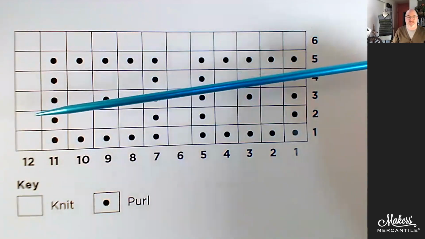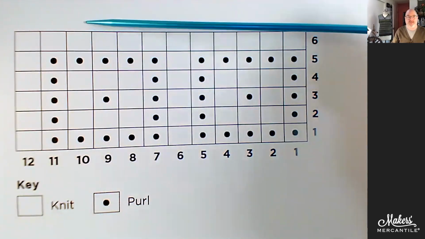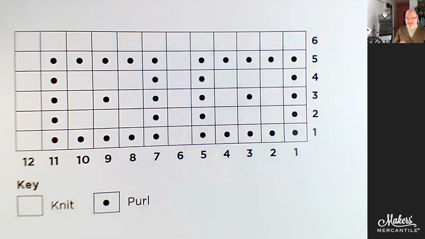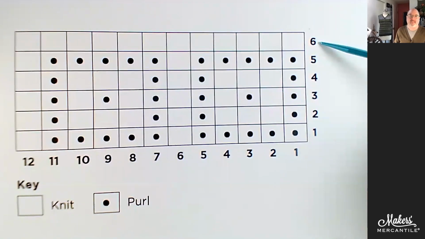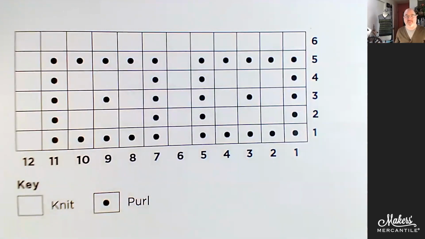I'm going to use my double point needle as a pointer. I know this chart is worked in the round because the numbers are all up the right-hand side, and also because I read the pattern and it said you're making a cowl or a sweater, something round. So I know it's in the round because I know what I'm making.